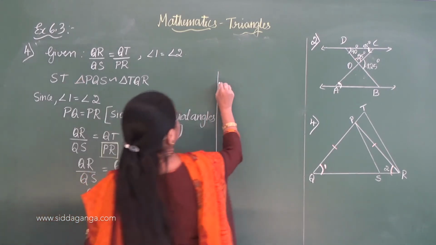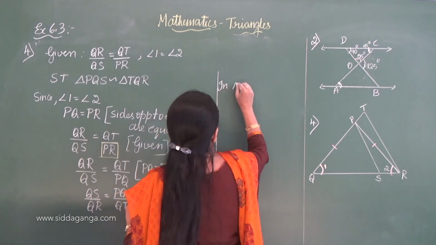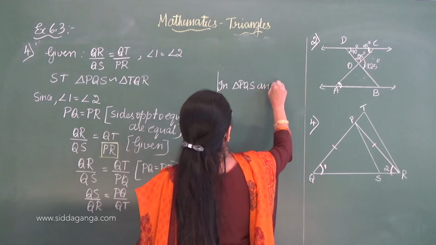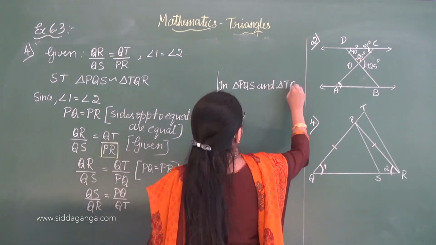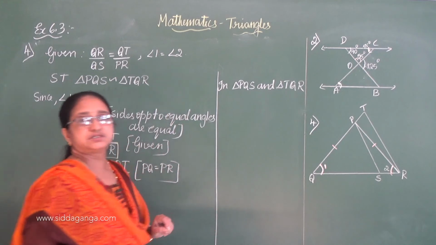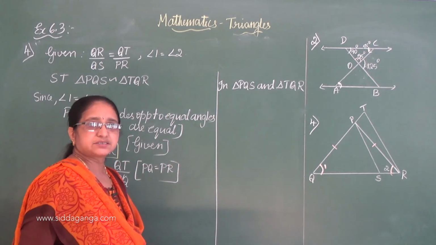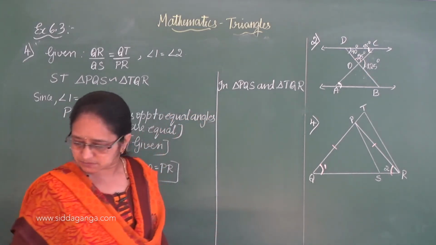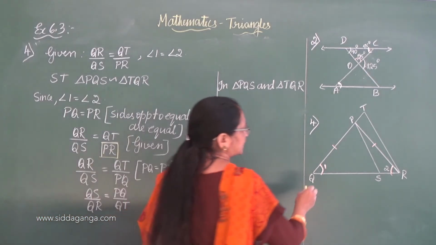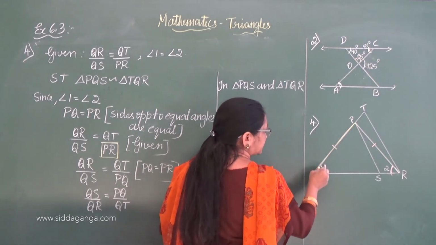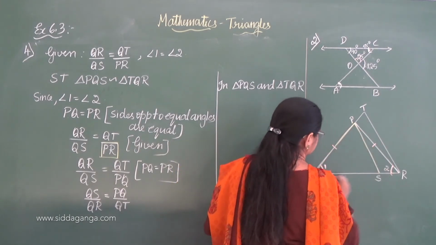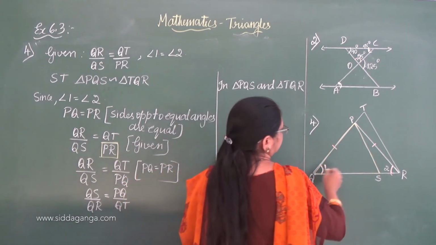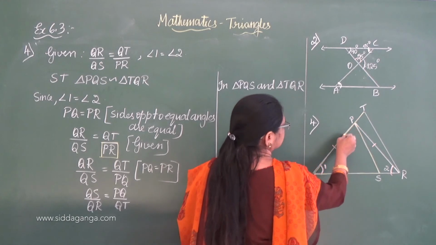So let us see in triangle PQS and triangle PQR. Let us see in these two which corresponding angles are equal or which sides are proportional. So PQS, just observe this, see here, this one, PQS and TQR, TQR means this one.